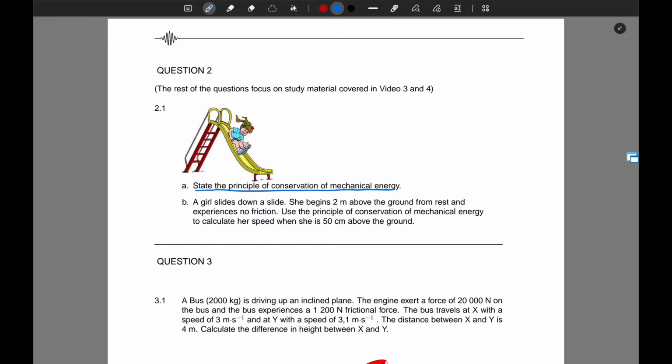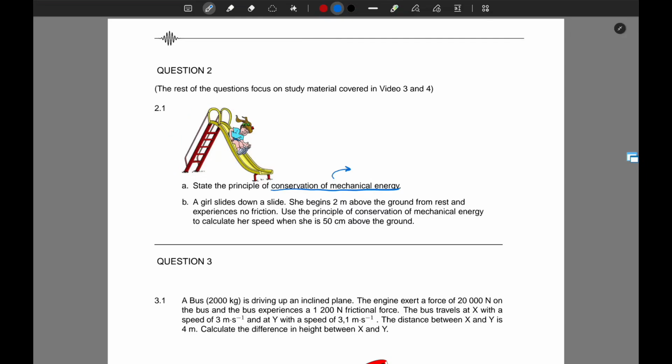The next question is a little bit more difficult. State the principle of conservation of mechanical energy. Now, the conservation of mechanical energy is that kinetic energy plus potential energy will always equalize. The total mechanical energy, the sum of kinetic and potential energy of a closed system, aka the slide, will always remain constant.